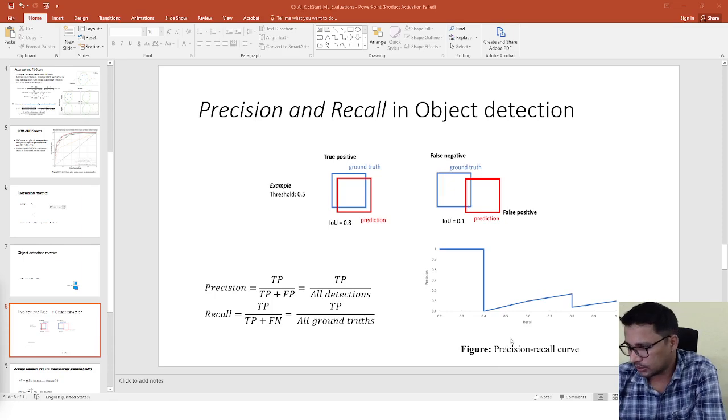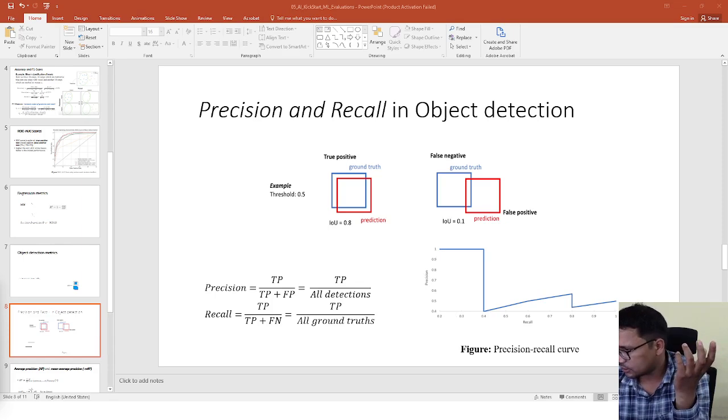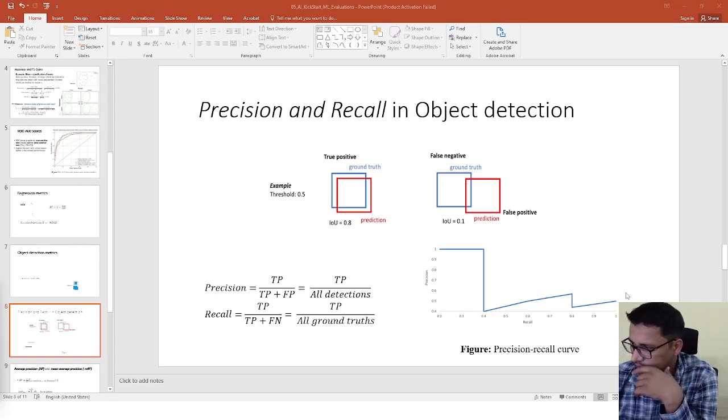Okay. And in this way, we may have a large number of precision and recall values, and we plot them to show the relationship between recall and precision. The precision-recall curve looks something like this, and the precision is gradually decreasing.